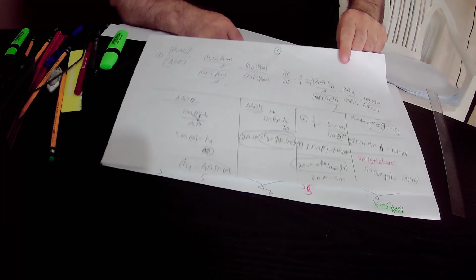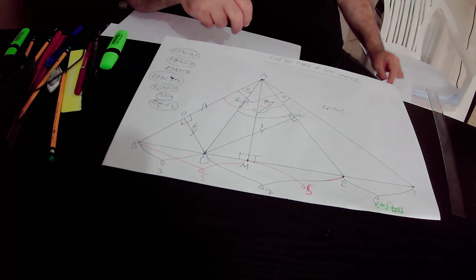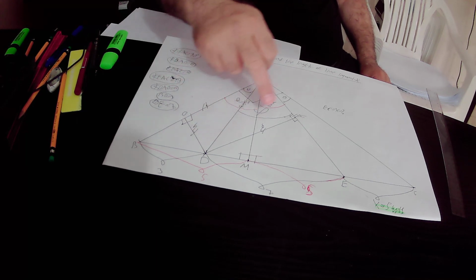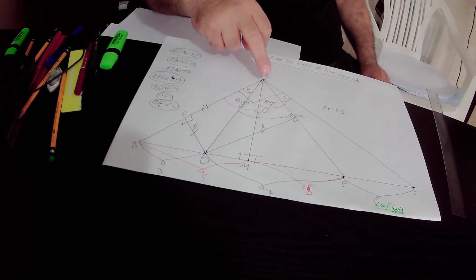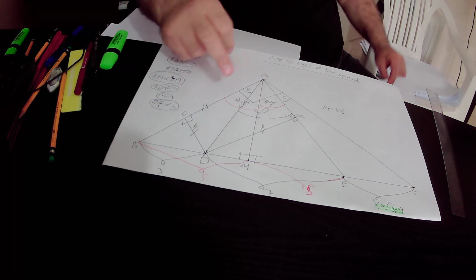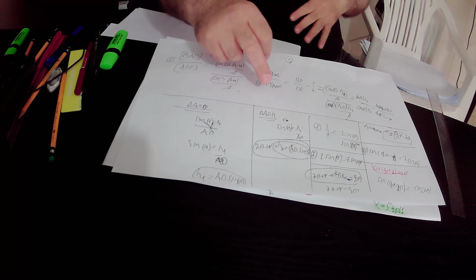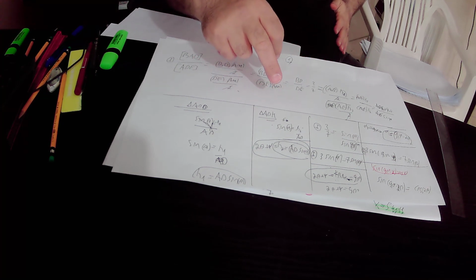In the same way, we calculated the value of H2. In the right triangle ADK, sine alpha equals H2 over AD.